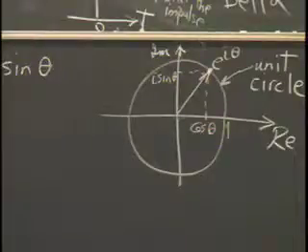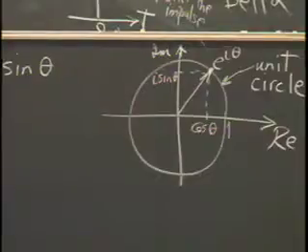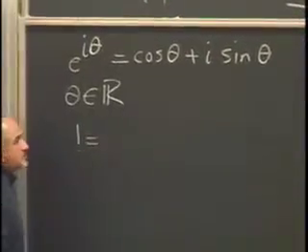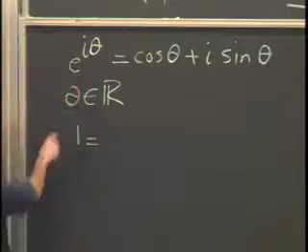And from this, we wrote down complex exponential forms for a whole bunch of numbers that sit on the unit circle that you've seen before. For example, the number 1, if I were to write it in terms of a complex exponential, how would I write it?